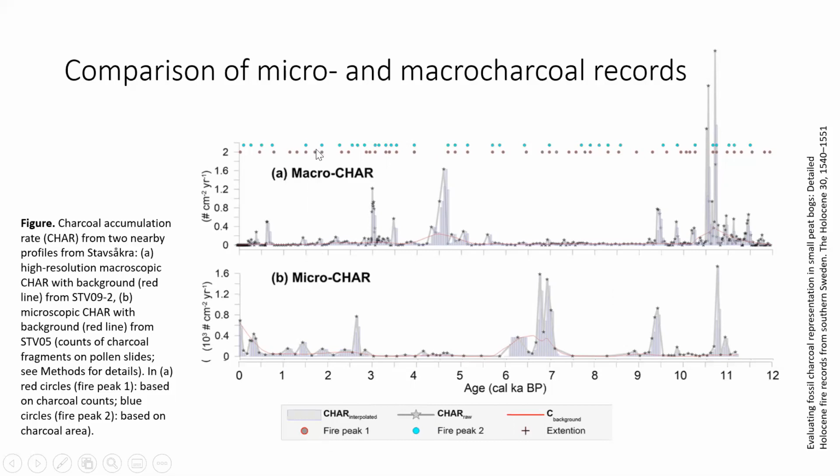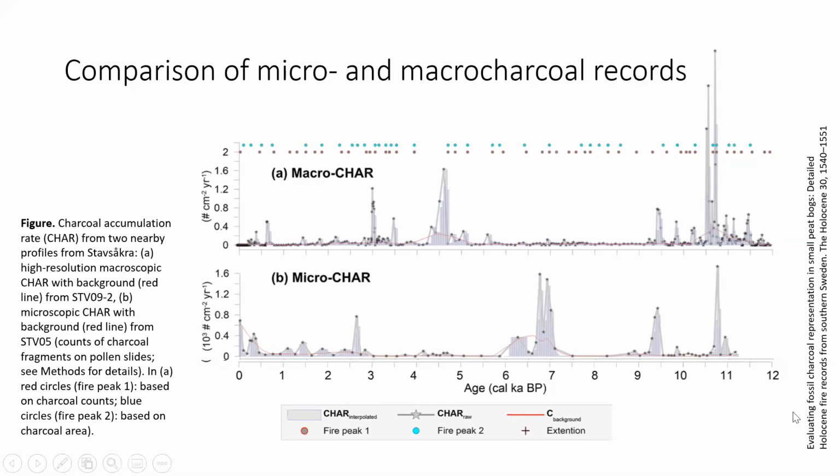So here we can see that they are a little bit different, but in most places they record quite well the peaks in charcoal, giving indication of the fire event on the site.